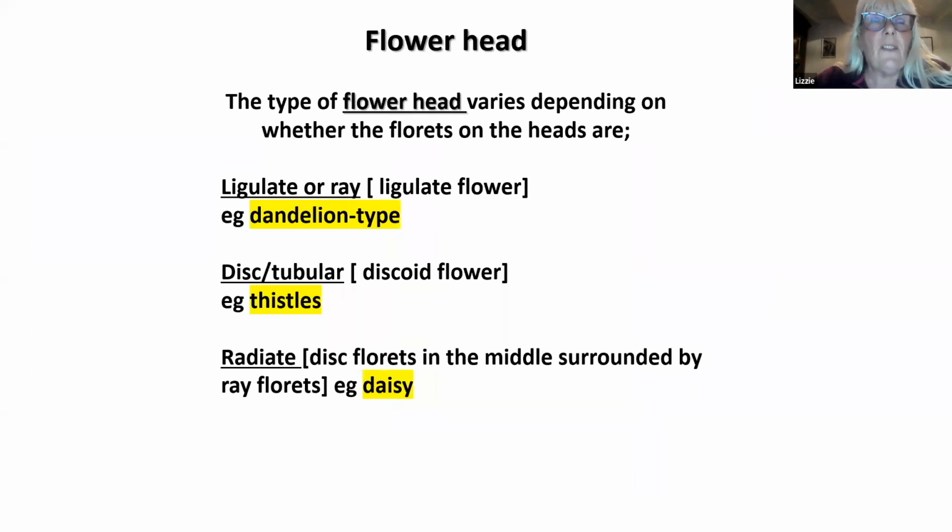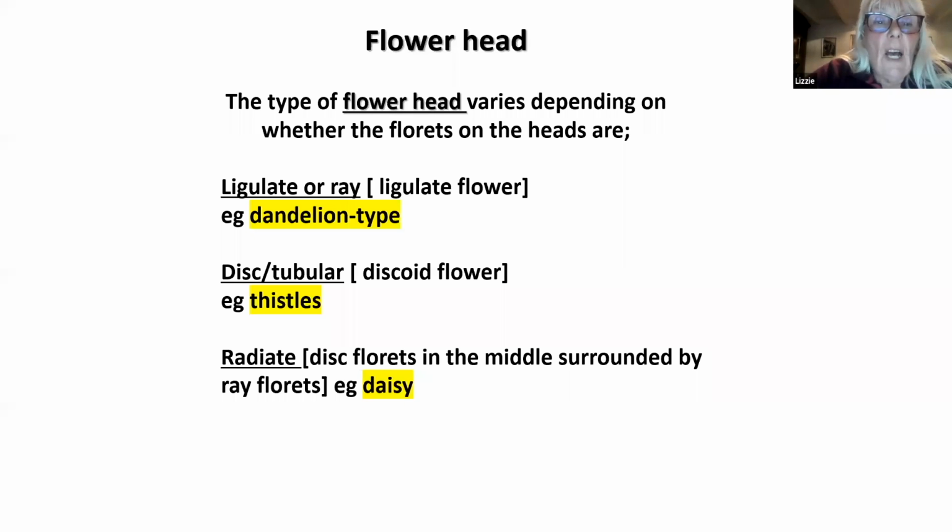Now, the other thing is that because you have ligulate flowers like the dandelion, and tubular ones like thistles, you get different types of flower head. So as well as getting florets called ligulate and tubular, because you get different combinations, you end up with different flower heads.